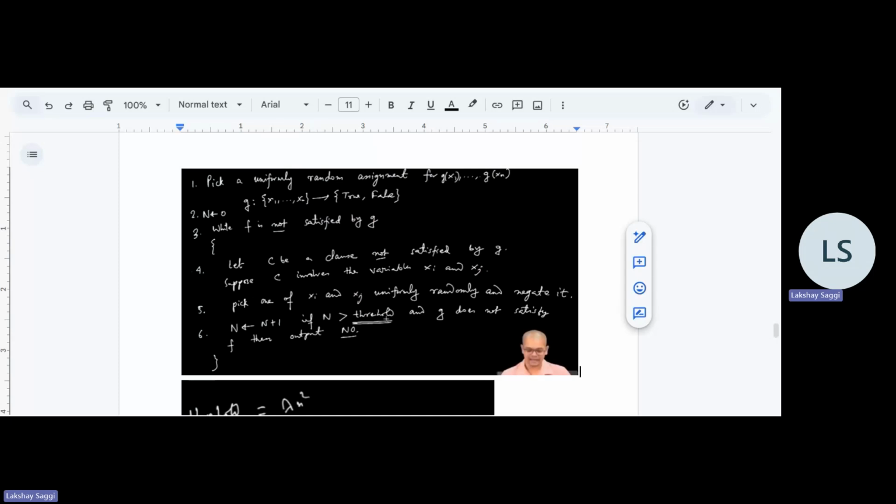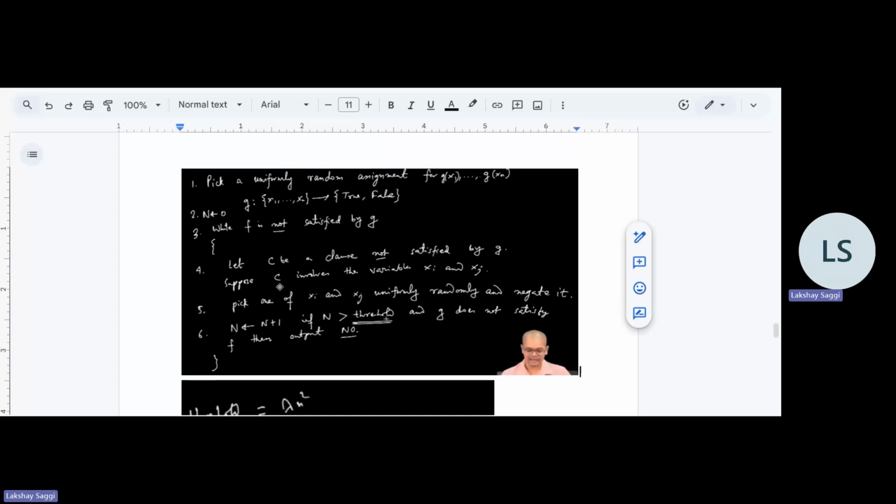So you put all the variables in the Boolean formula uniformly randomly as true or false, and you try to see whether the two-set formula gets satisfied or not. And while the formula is not satisfied by the current assignment, let's find a clause which is not satisfied by g.